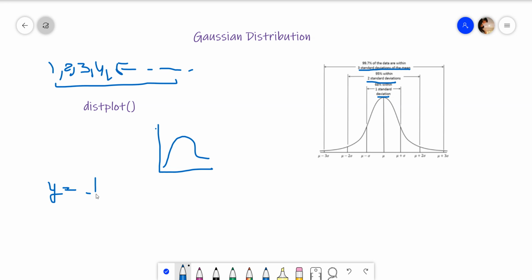1 upon square root of 2 pi sigma square, sorry, sigma square, exponential power minus half into data point x minus population mean, whole square upon sigma square.